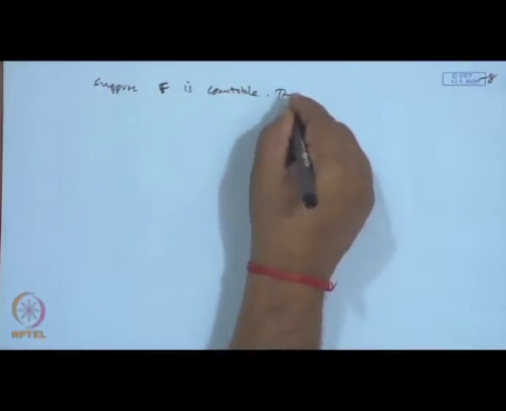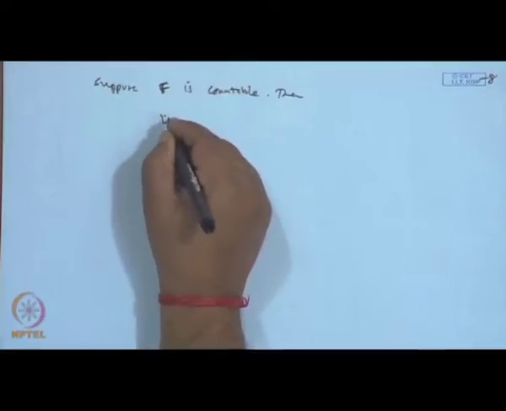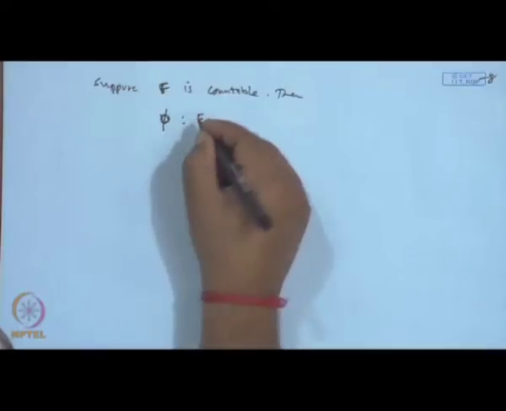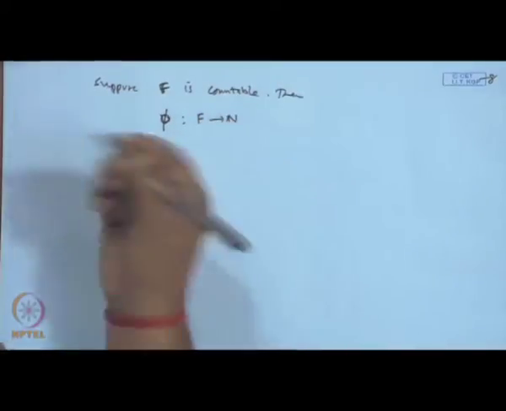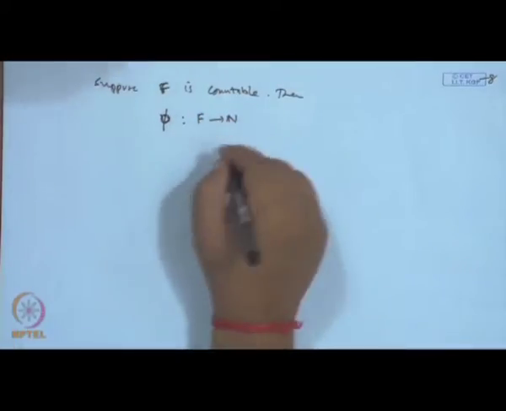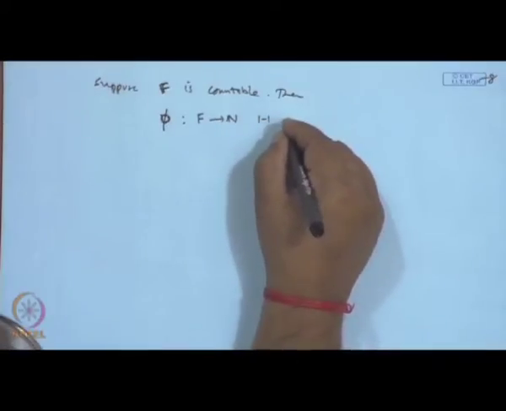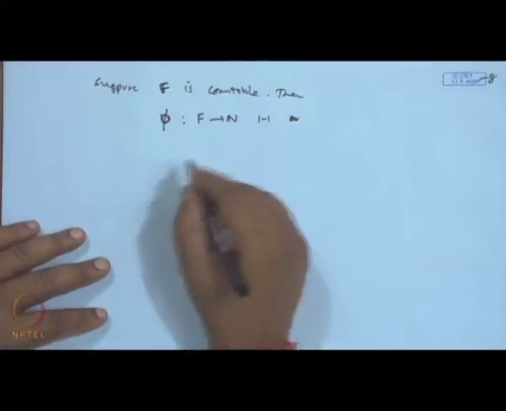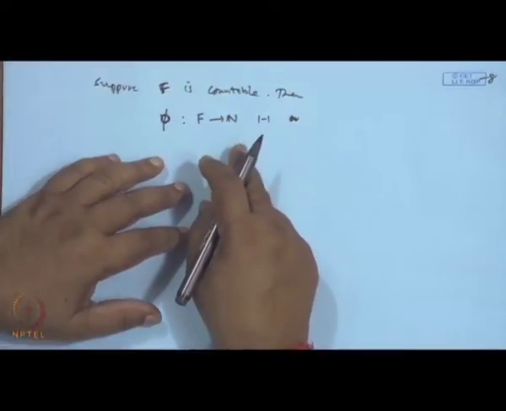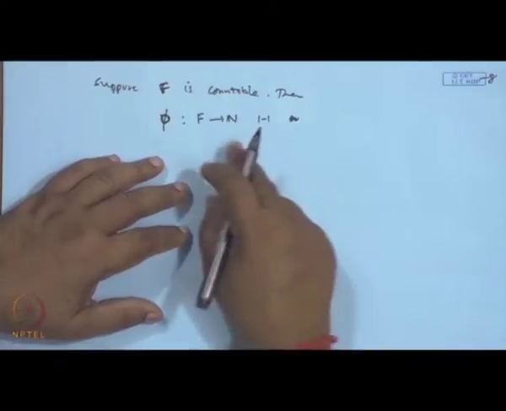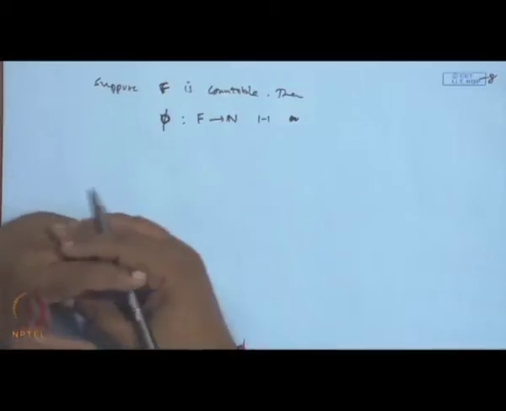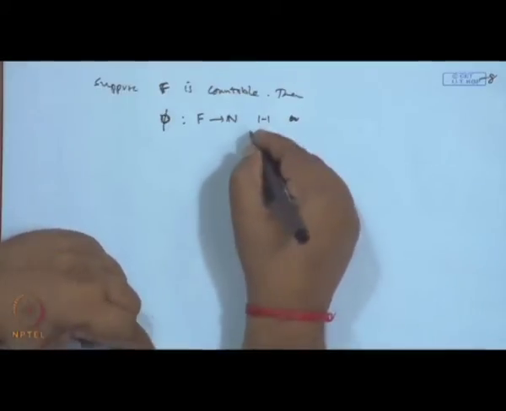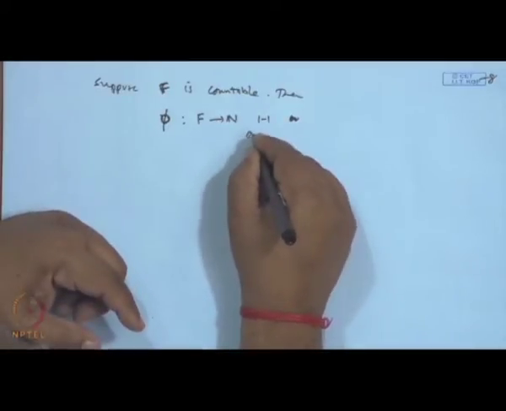Then there exists a mapping, say phi, from N to F, a 1-1 correspondence, onto mapping. So, there exists a phi which is 1-1 and onto, since F is countable.